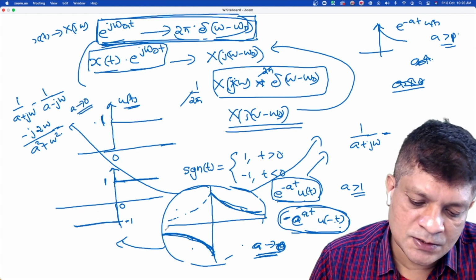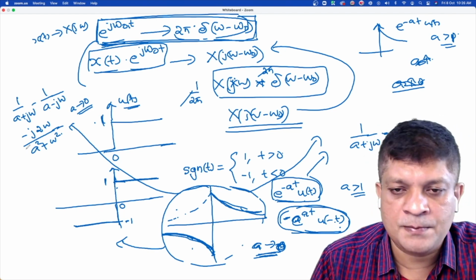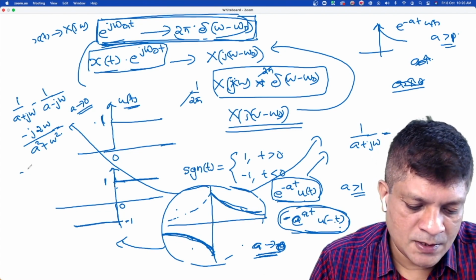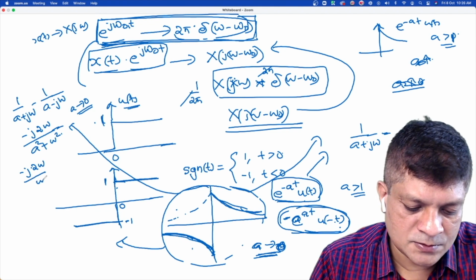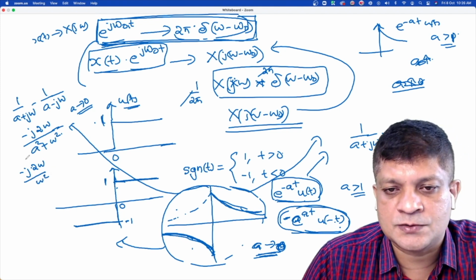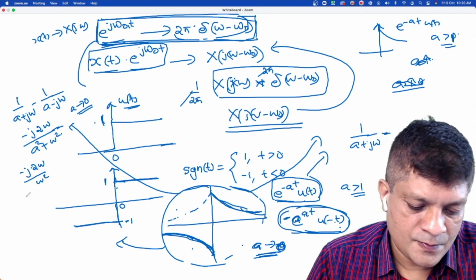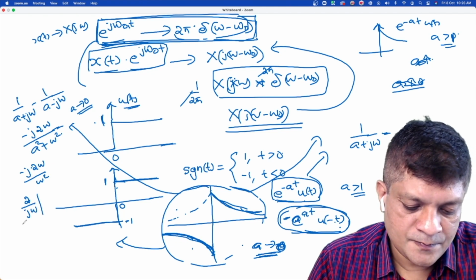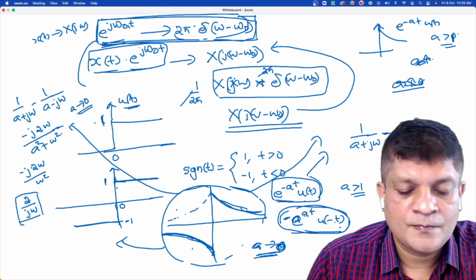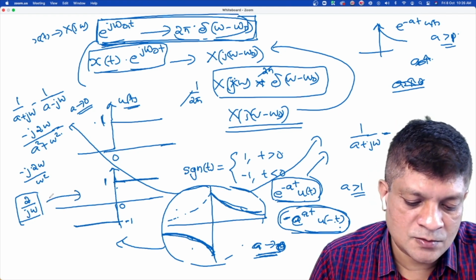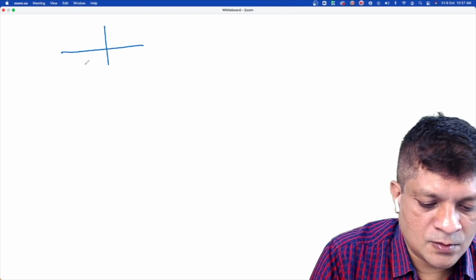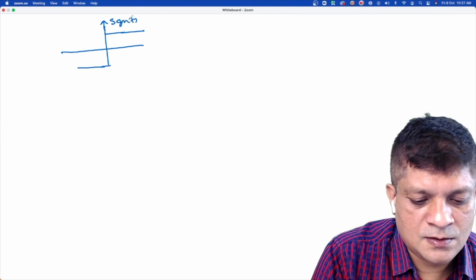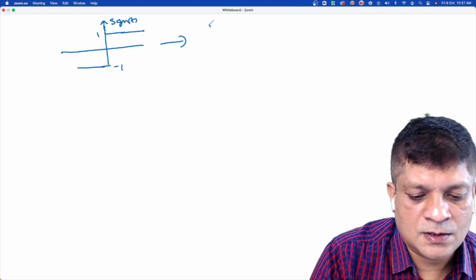This signal approaches the signum function. Is it minus 2j omega by omega square as a tends to 0? Put a equals 0 here. So we will get 2 by j omega. This is the Fourier transform of the signum function, which is 1 minus minus 1, that is 2 by j omega.